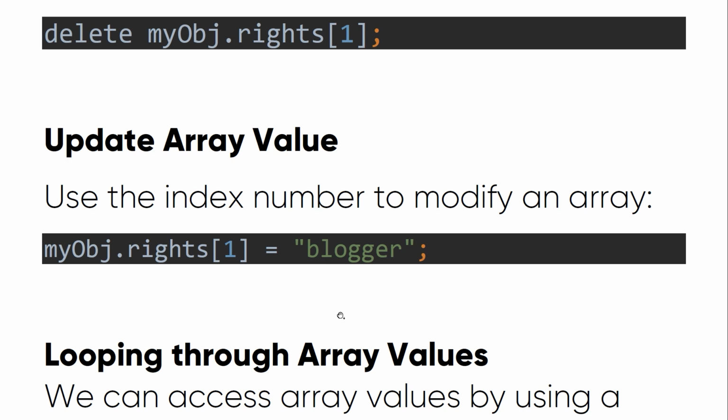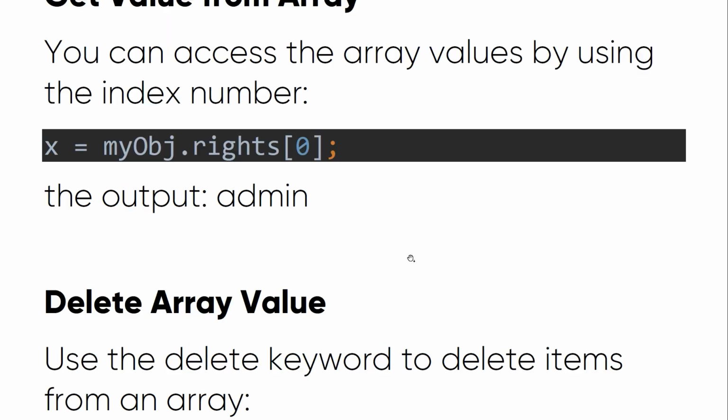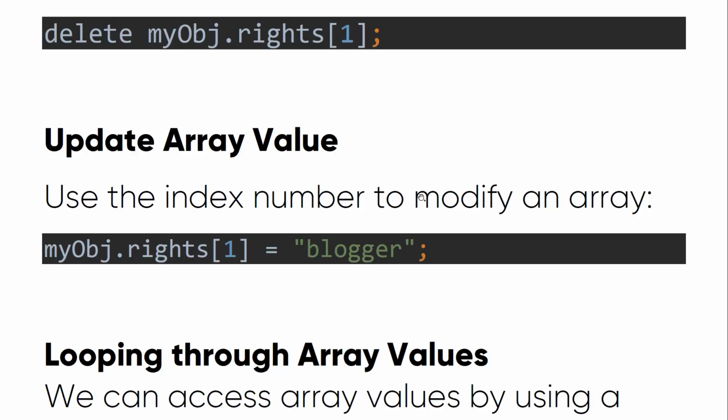So delete myObject.writes[1] would result in deleting the value at index 1, which is editor. Update the array value. Use the index number to modify an array. myObject.writes[1] would be blogger. So the editor here would be blogger after executing this line.